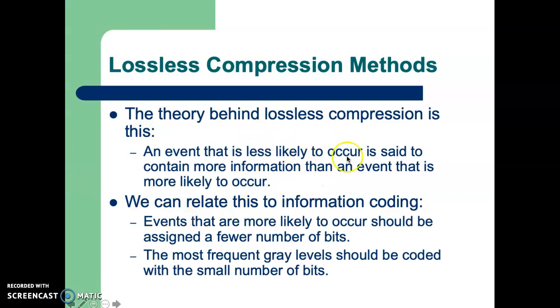Why is it important? Because if the probability is high, you will use a smaller number of bits to represent that particular pixel value. If less likely to occur, you will use more bits. So that is the theory behind lossless.